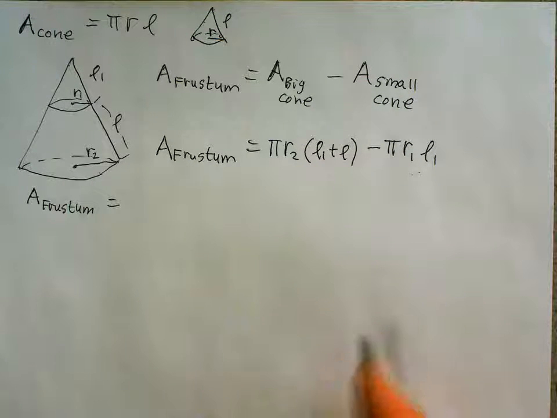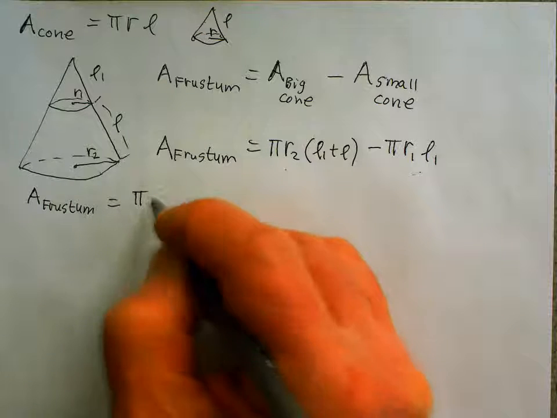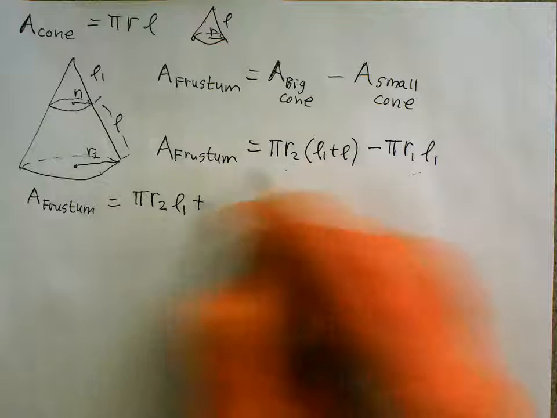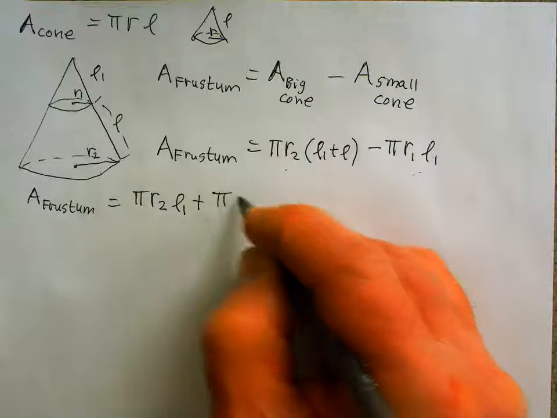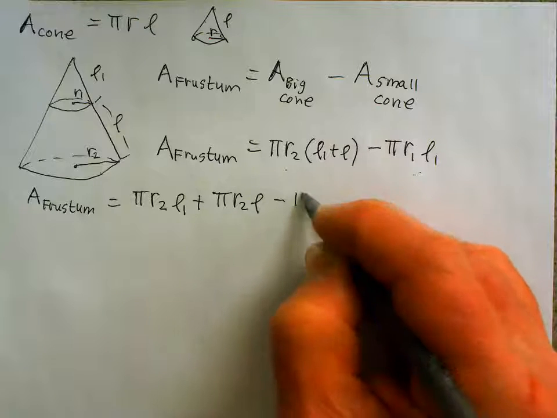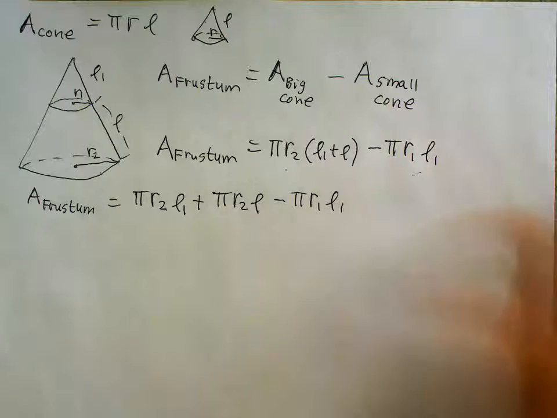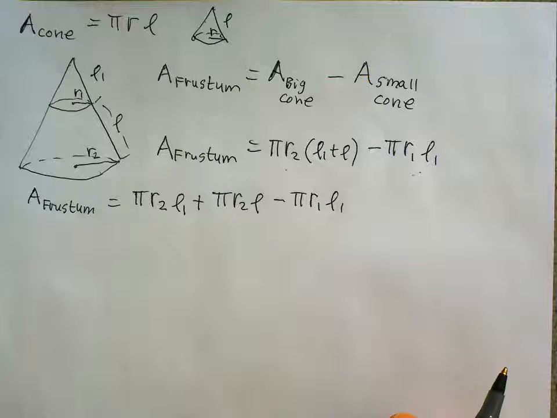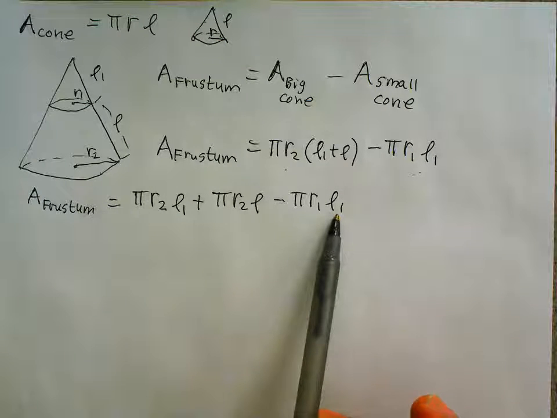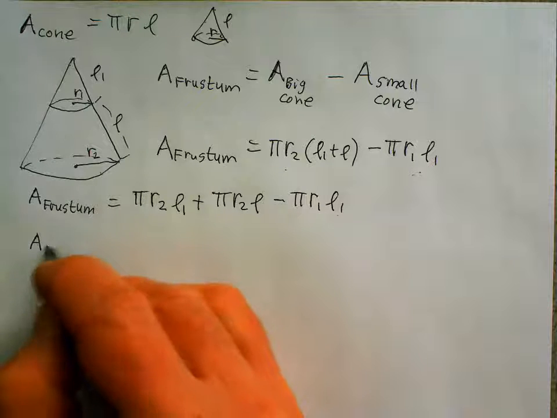So distribute multiplication by pi times r sub 2, and we get pi times r sub 2 times L sub 1 plus pi times r sub 2 times L minus pi times r sub 1 times L sub 1. Two of the terms have L sub 1 in them, so we'll group those terms together.